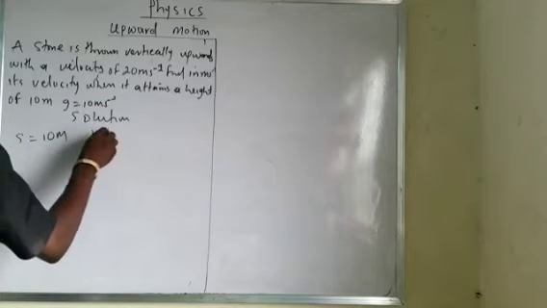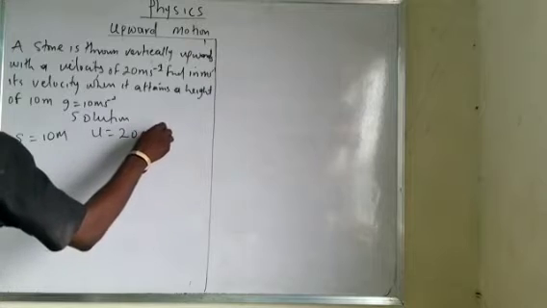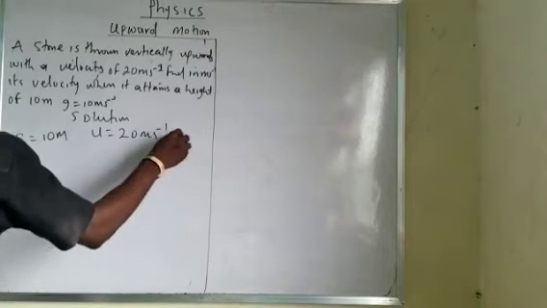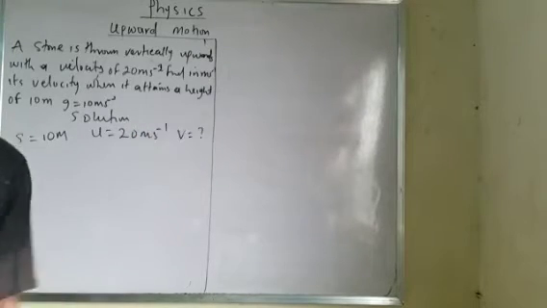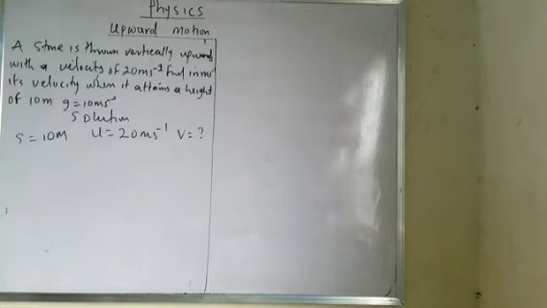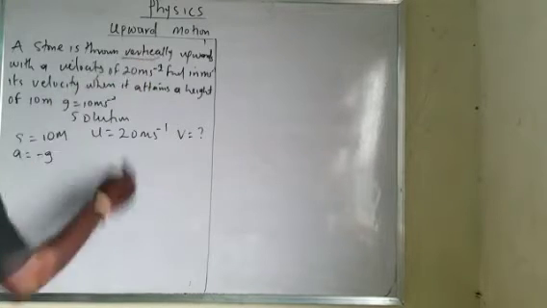My u is 20 meters per second, and my v we don't know. I have my a equals minus 10, because we are going vertically upward.